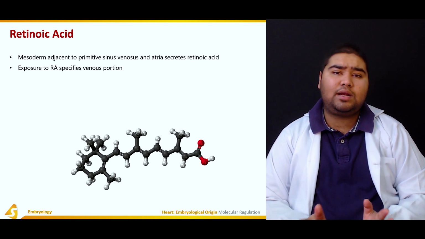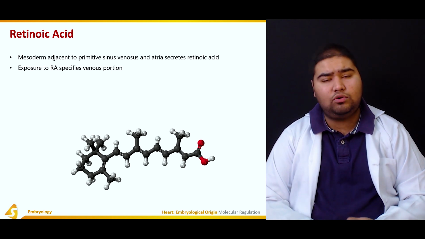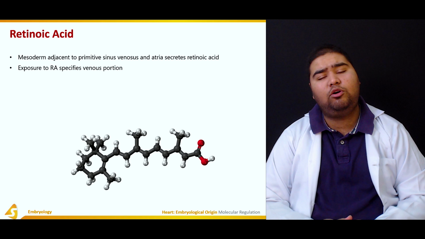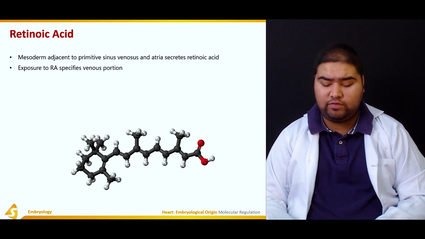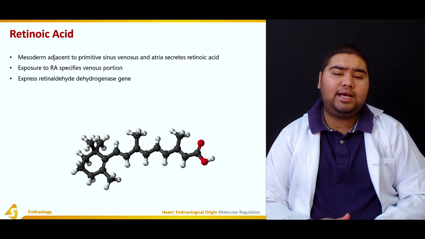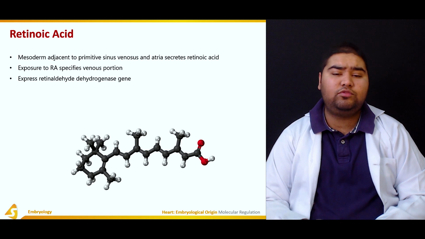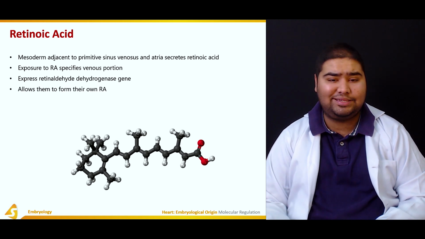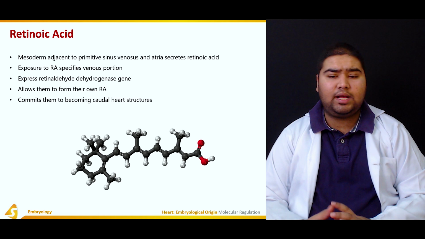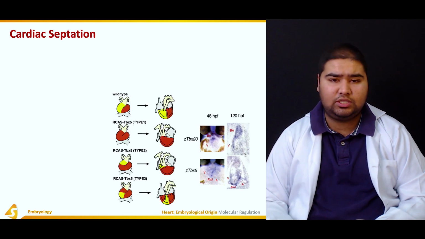Since the mesoderm surrounding the caudal portion tends to secrete the retinoic acid, the caudal portions are bound to form the venous portions of the adult heart. So they express the retinaldehyde dehydrogenase genes, which makes them able to form their own retinoic acid. It commits them to becoming the caudal heart structures and hence the venous heart structures.